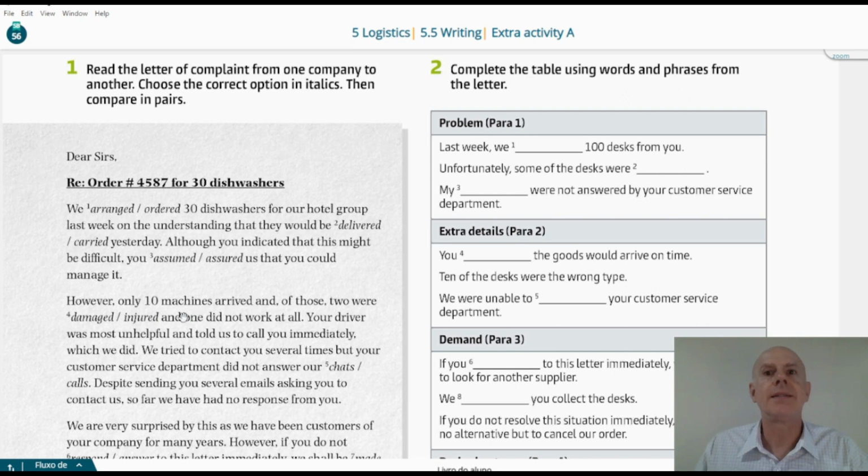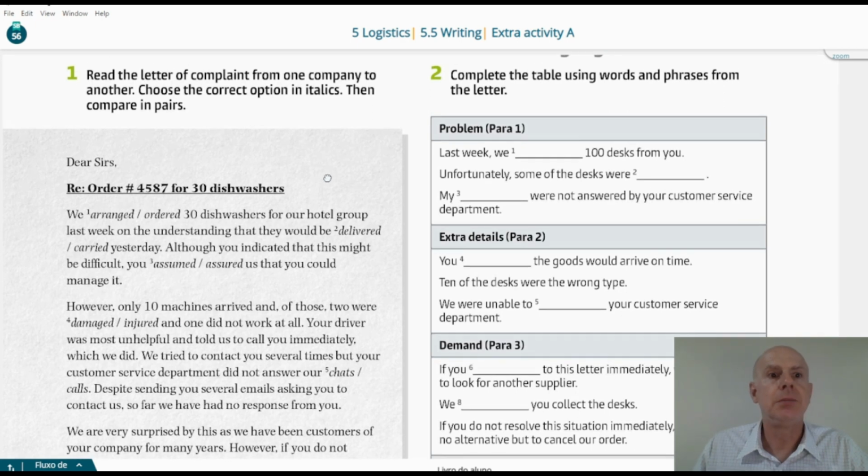Did they mention why they did that? Maybe they wanted to please the customer by delivering 10 because this is what they had, expecting them to understand and wait for the other 20.